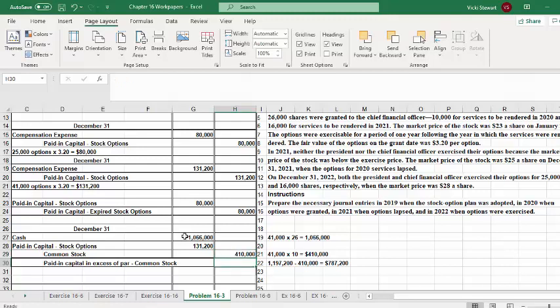Then the difference between the cash that was paid and the paid-in capital stock options minus the par value, so $1,197,200 minus the $410,000, would leave us with $787,200 as a credit to paid-in capital in excess of par common stock. And that is the conclusion of the demonstration for problem 16.3b.